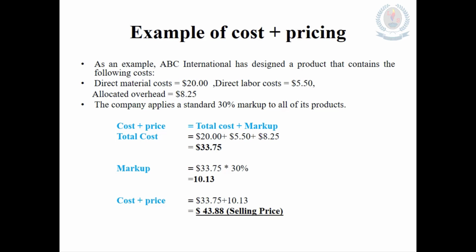First we have to calculate the total cost of this product: $20 plus $5.5 plus $8.25. That means we have considered the direct material cost, direct labor cost, and also the overheads when calculating the total cost. The addition of all those is $33.75. Then we have to calculate the markup with respect to the total cost. Our total cost is 33.75 and the company decided to add 30% markup.